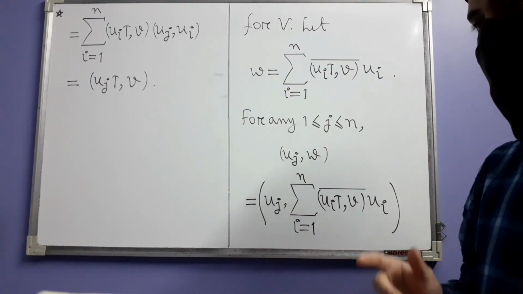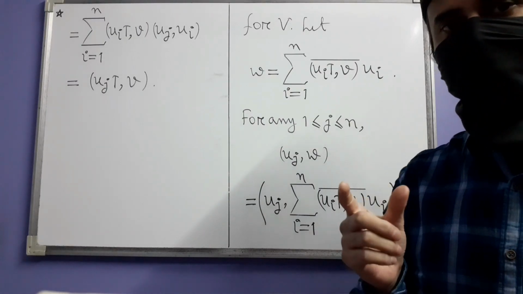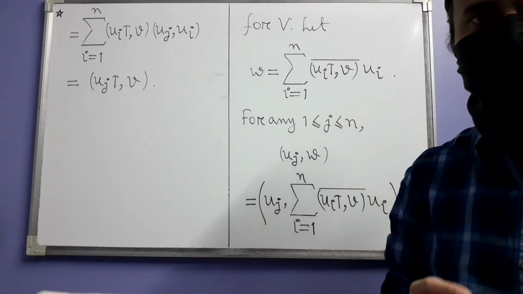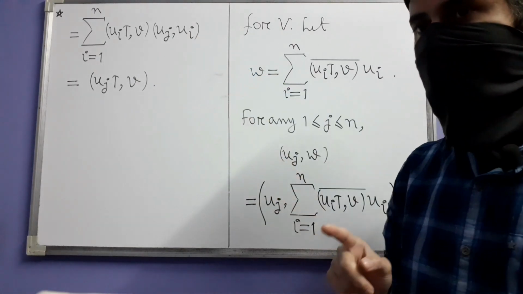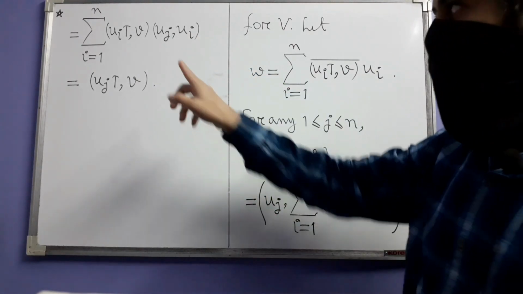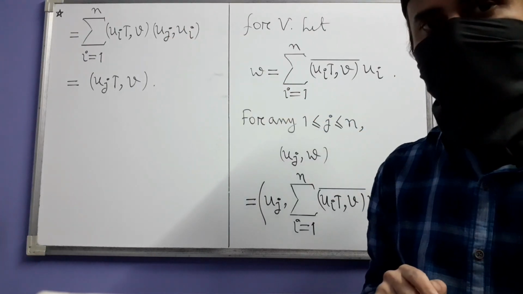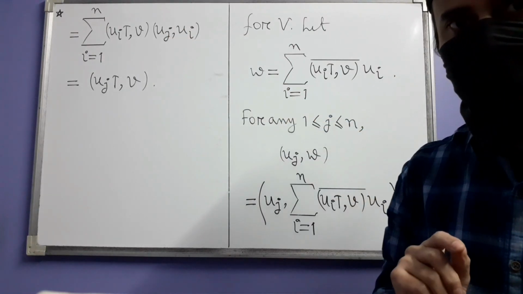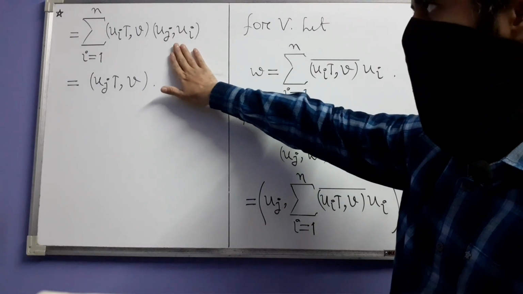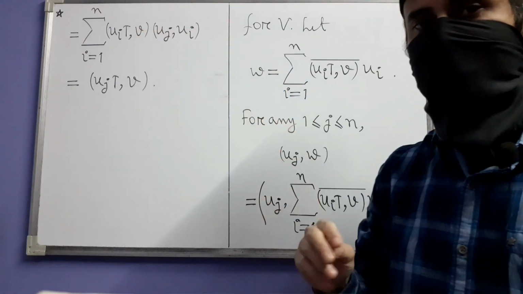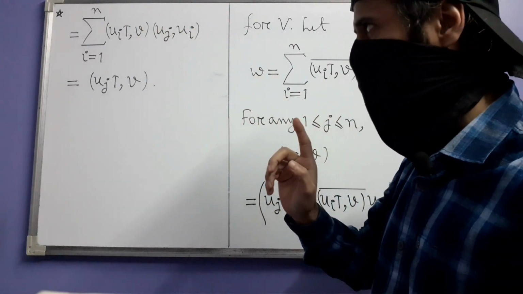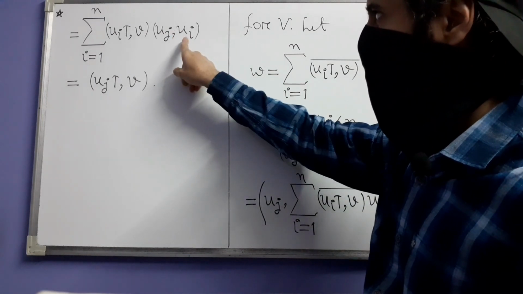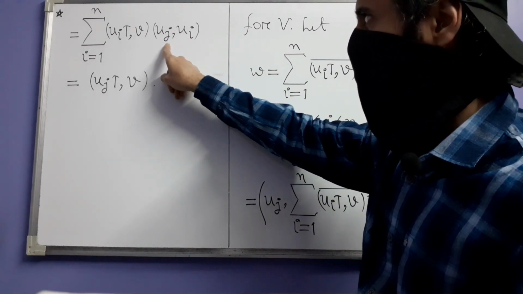Keep in mind that we are working with vectors which form an orthonormal basis. So that is why these inner products will be 0 if i is different from j. But if i is equal to j, then it will be 1. So most of the terms of this sum vanish. There is only one term which survives, so to speak, and that happens when i is equal to j.